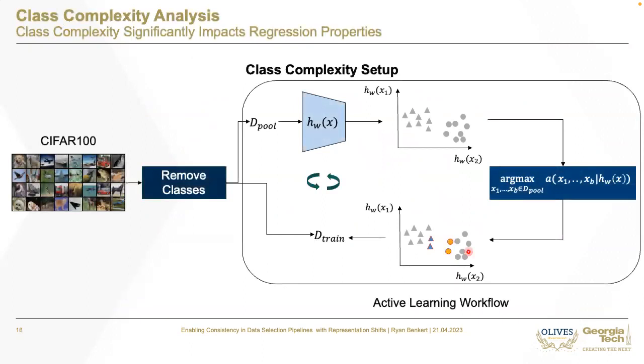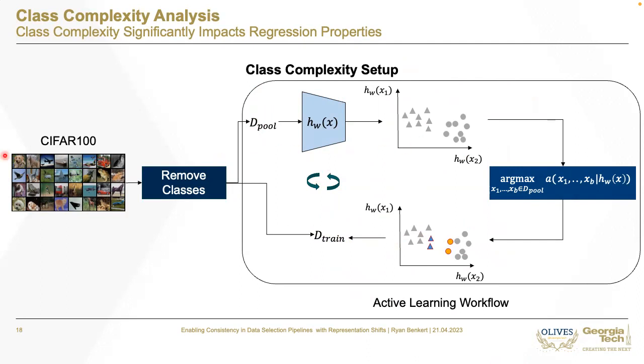And I want to start with a class complexity experiment. What I want to do is measure what effect the class complexity has in our regression pipeline. So if you look at our classical active learning workflow, which I have here on the right, the unlabeled pool being up here, the labeled training pool being down here, and this classical workflow that I showed earlier on, the idea is very simple.